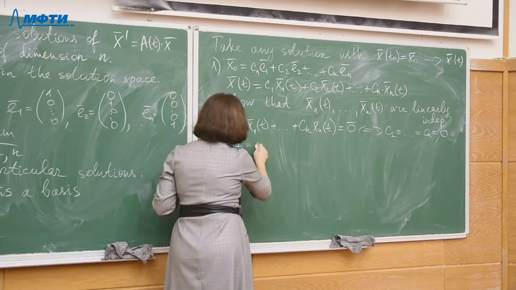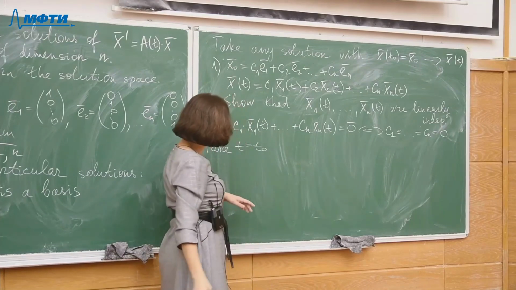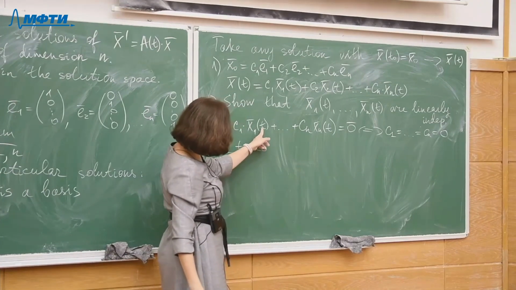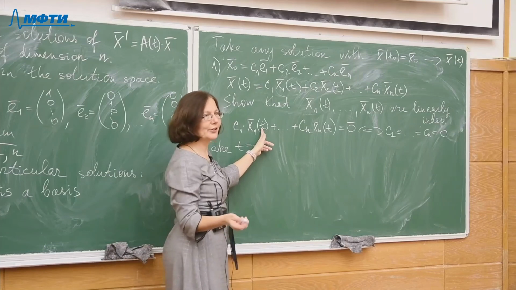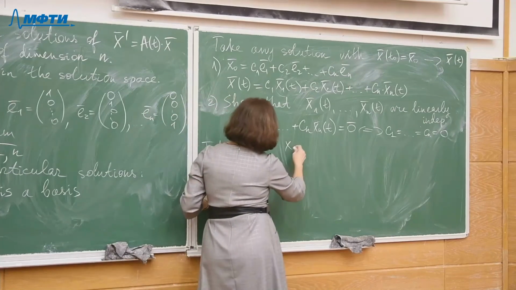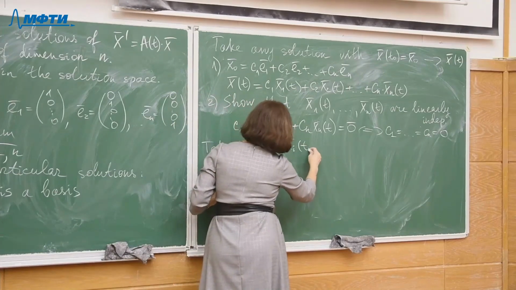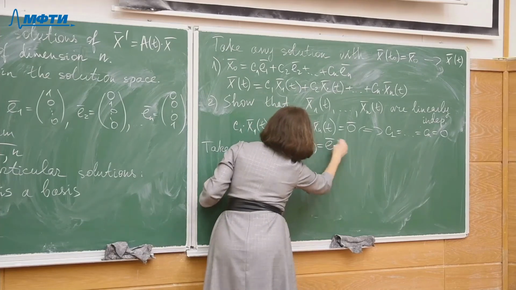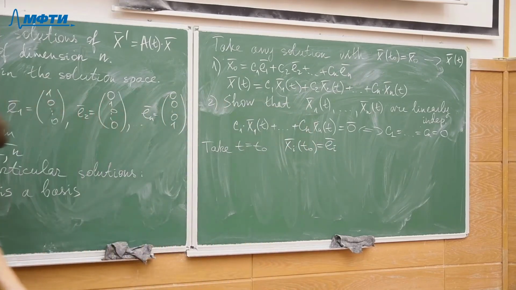So take t equals t0. Then we know that xi of t0 equals Ei by this initial value problem, by this condition.